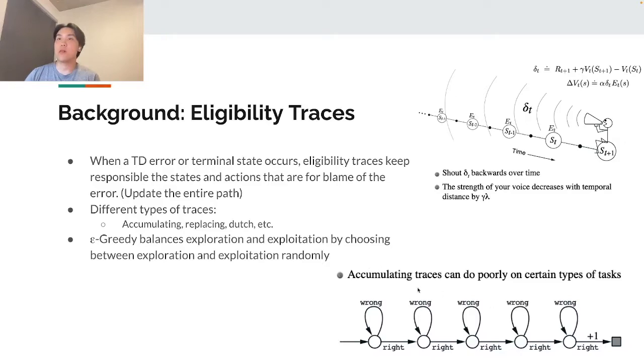For example, on the bottom right, we have a task where an agent can keep going in the wrong direction. We have a linear binary choice of going right or wrong. If an agent keeps going in the wrong direction, it can keep updating that value, and it can be stronger than the right value, and eventually it will converge, but it will take a much longer time. So replacing traces perform better.